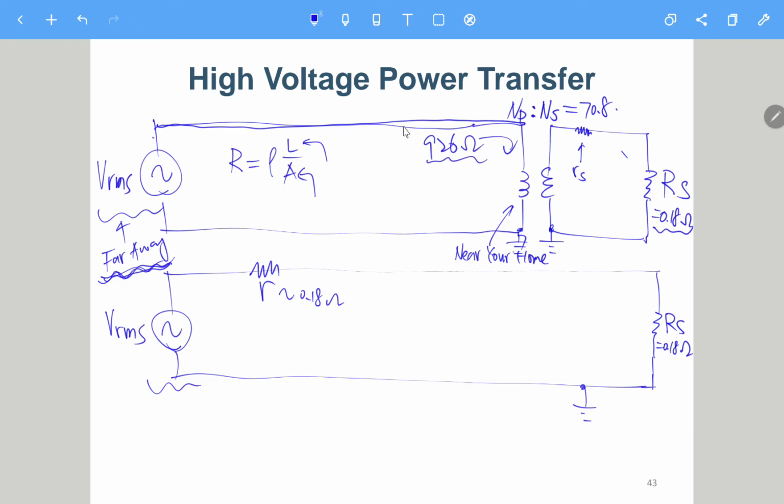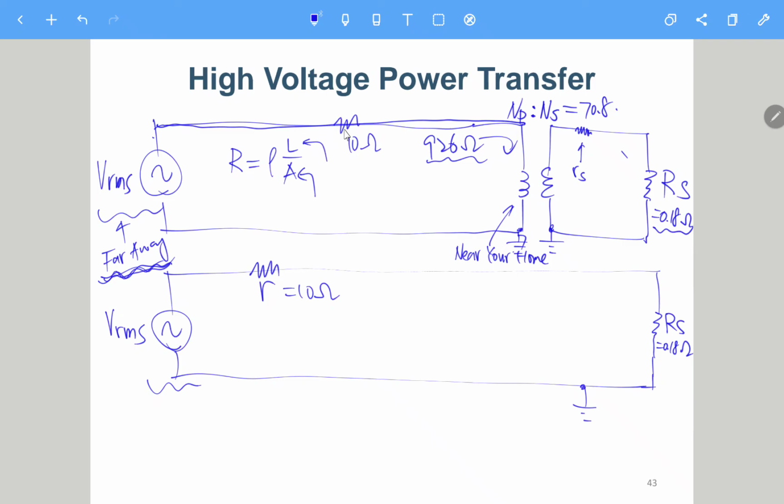So even though the distance is long, maybe this resistance is, just say, 10 ohm, or if it's here, it is 10 ohm. For both cases, if we assume the total line resistance is 10 ohm, then for this one, only 1% of the power is consumed in between. I'm not really sure about the number, but just to let you know.